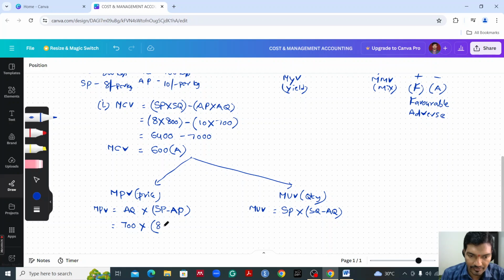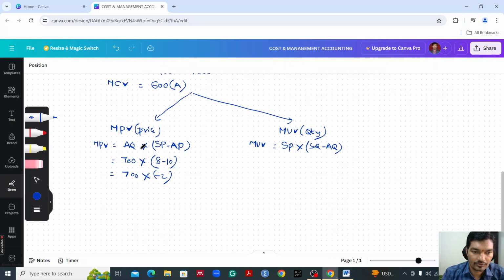Then 8 minus 10. Then 700 into minus 2. So we should write the MPV as 1400, and we got a negative value, so we should write adverse.